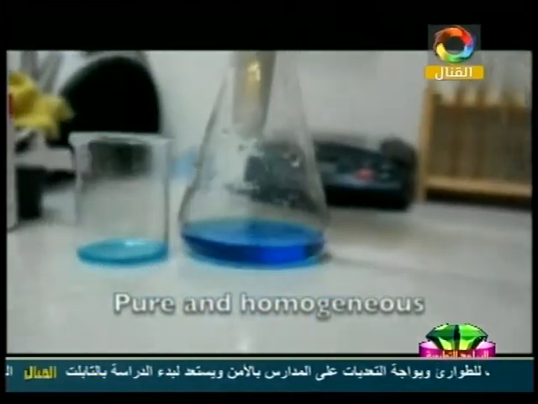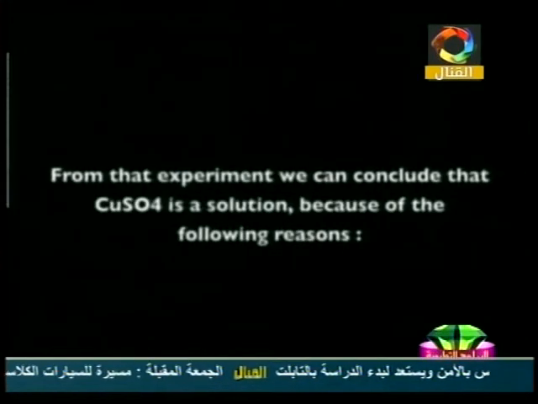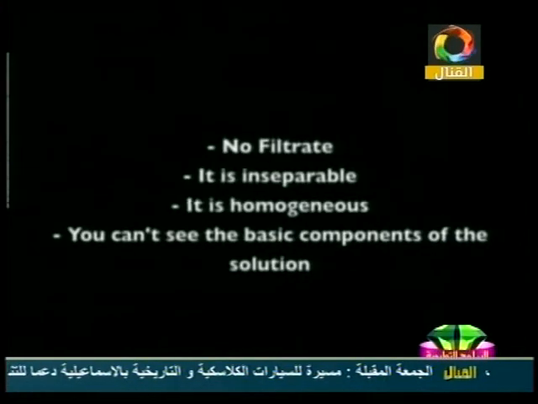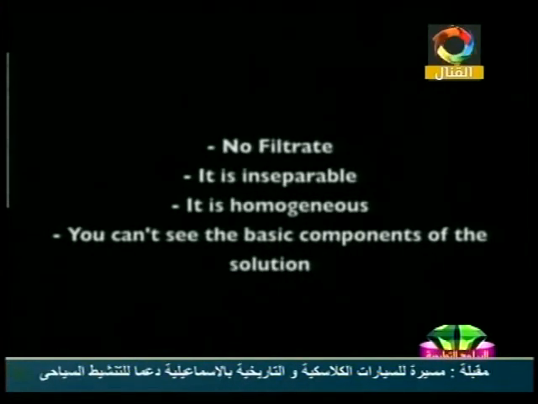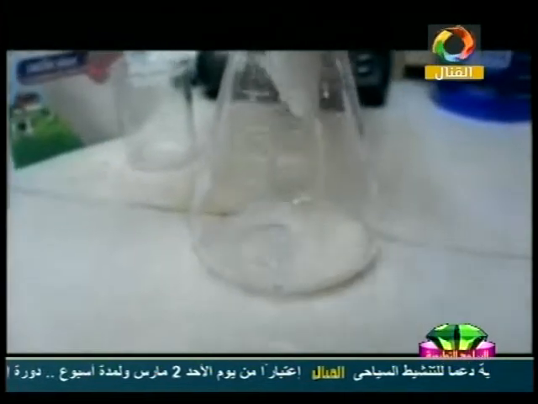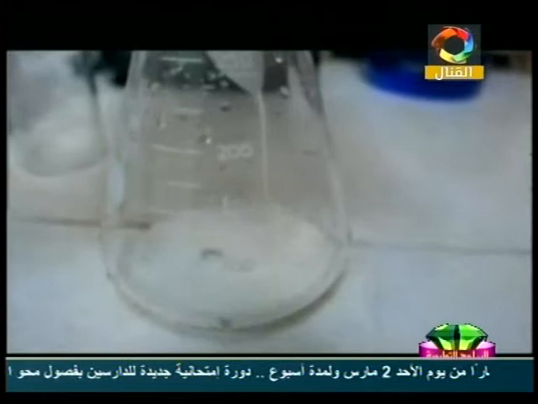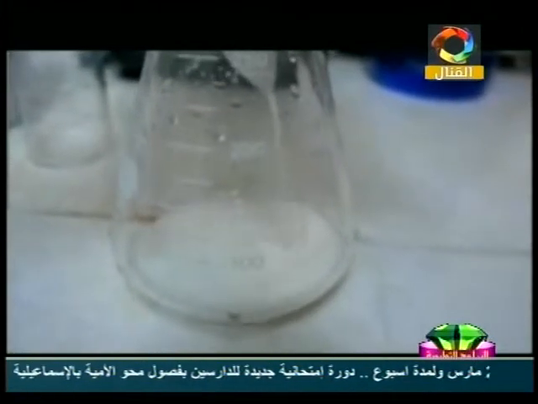Small particles, small ions cannot be seen by the naked eye. It's easy to know copper sulfate is homogeneous, no filters, nothing inside it. Now, what about the milk? One after one they start to pass, not fast, not slow. This means the other type of solution.